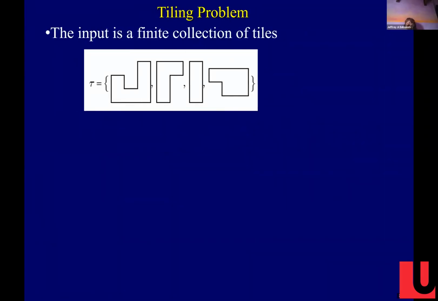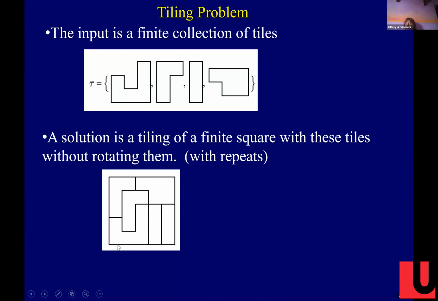Here's another interesting one, right? I give you a fixed set of tiles, right? So there's a tile of this shape and a tile of this shape. And there are as many copies of each tile as you want. And you want to know, can I build a square out of them? You can't rotate the pieces, and you can repeat the pieces as often as you want, right?